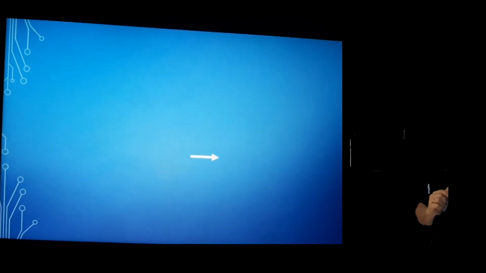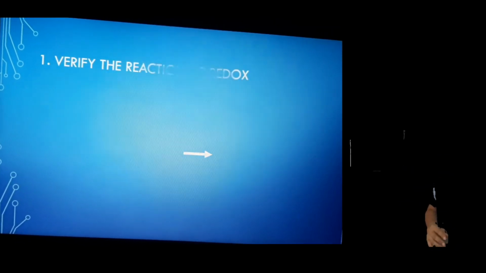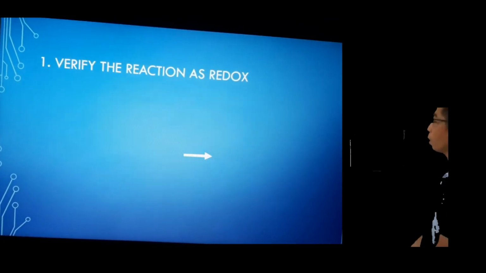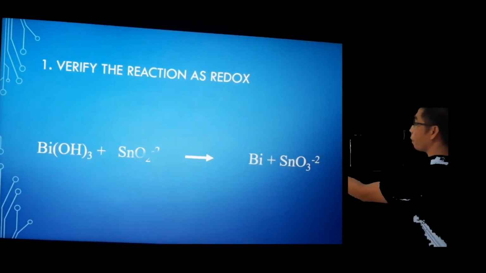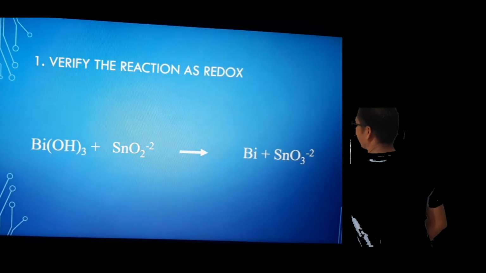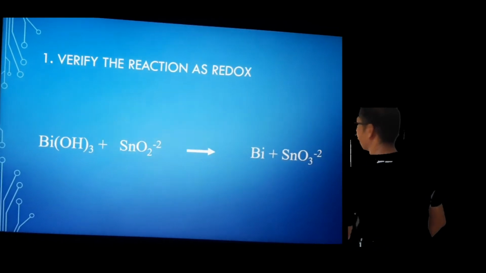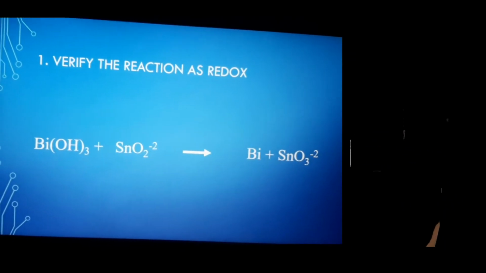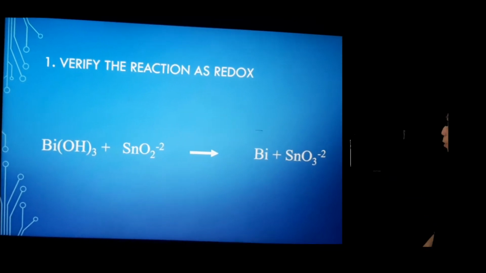So for step 1, we need to verify the reaction as a redox. Let us look at the oxidation number of each so that we can identify whether it's a redox or not.